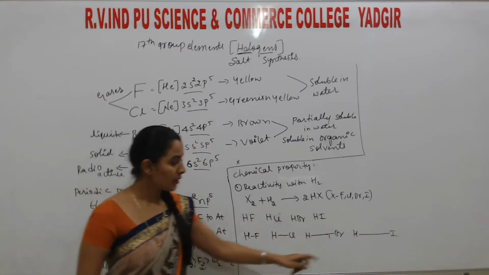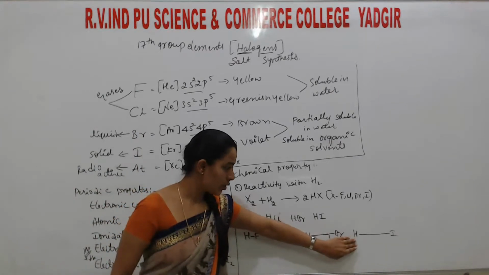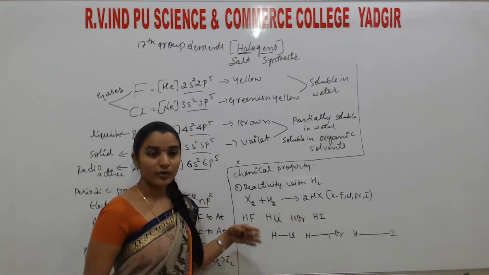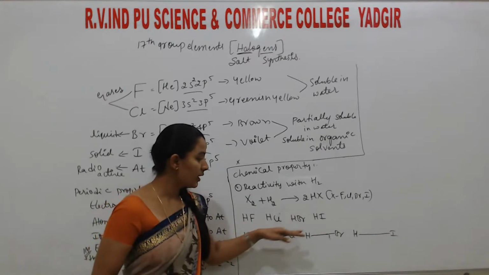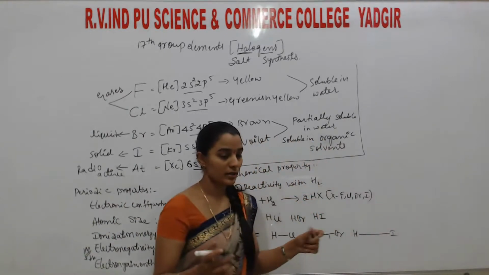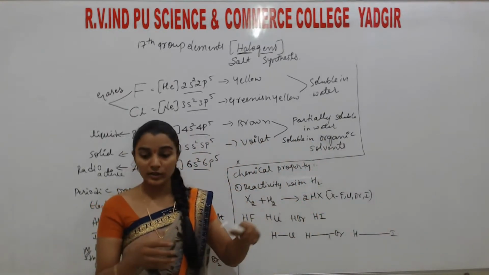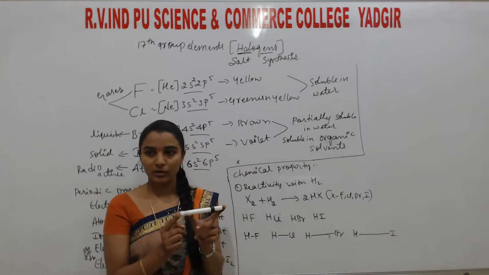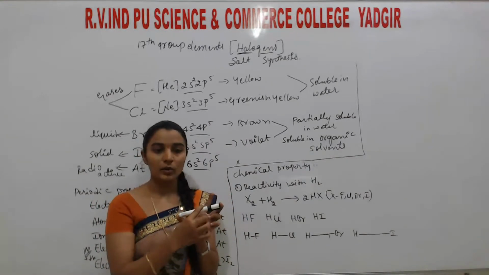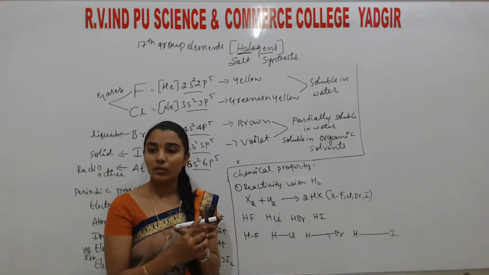That means the atoms are very far away from each other in HI, so this bond requires less energy to break. If they are too far apart, we require less energy to break the bond.